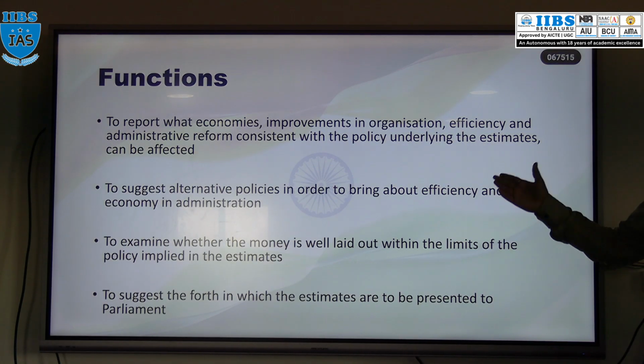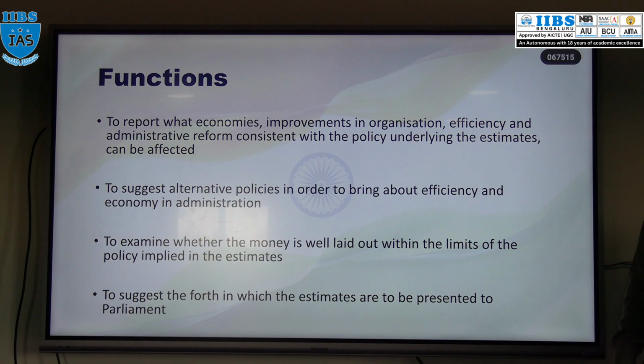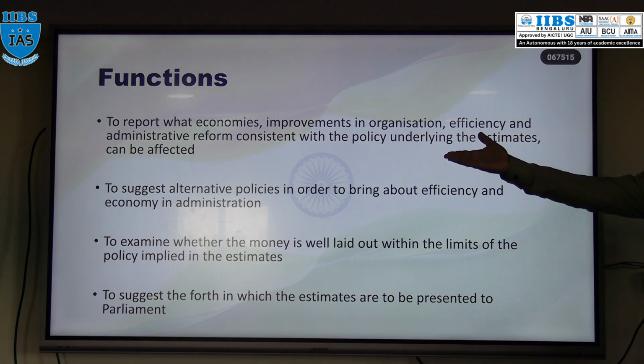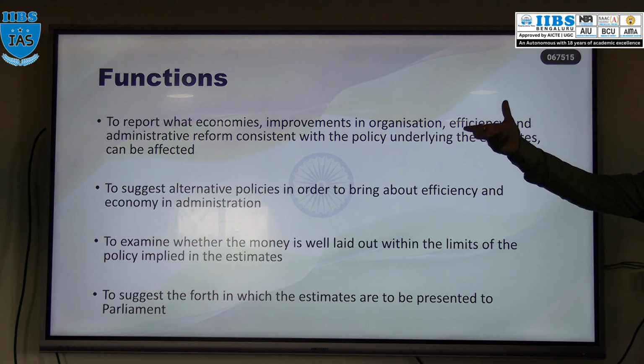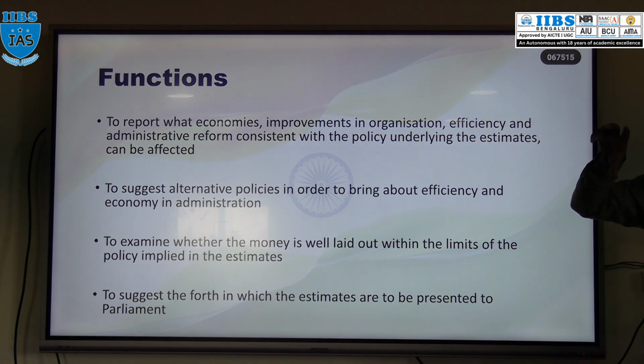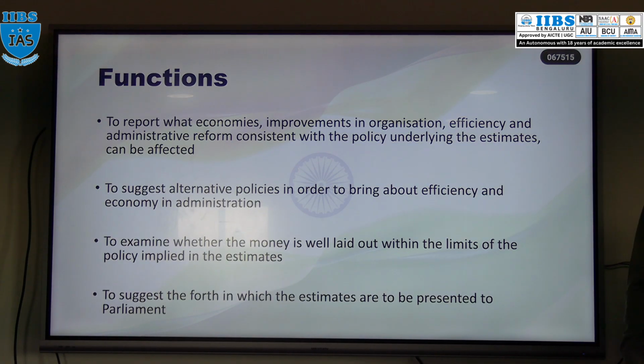This committee also suggests alternative policies. Okay, don't do this policy, make this policy so that the economy and administration will be smooth and the estimation can be perfect.